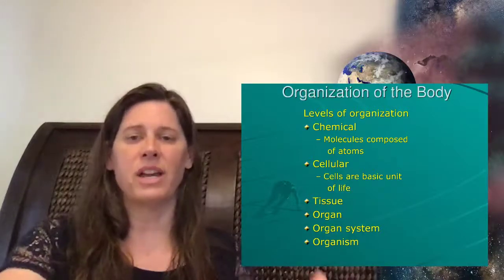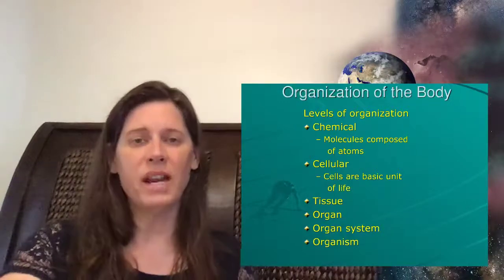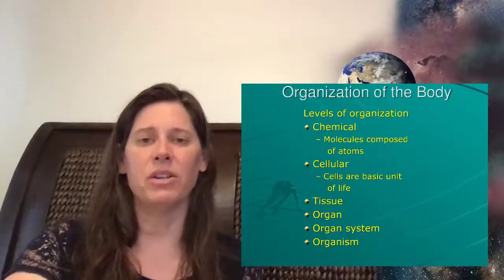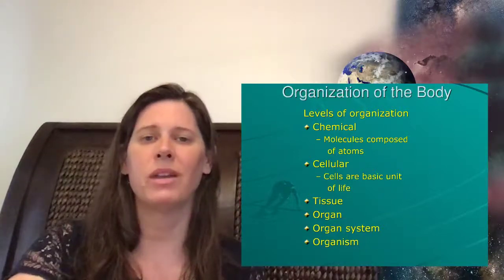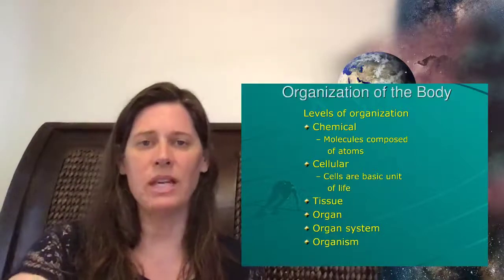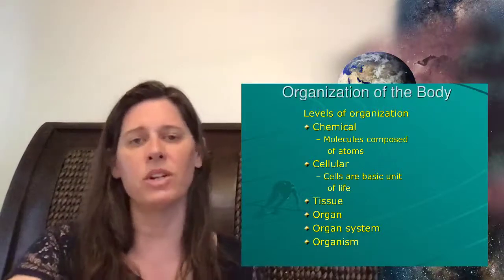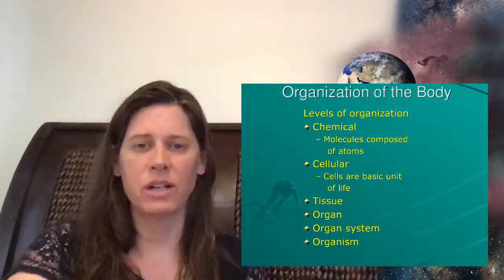Okay, the layer outside of that is smooth muscle. And then the layer outside of that is a real thin layer of epithelial tissue again. So we've got all 4 tissue types in there. All your organs have all 4 tissue types. Okay, but they're arranged in a different way, and they might have different specializations, and that's what makes the organ function differently. The structure is determining the function.